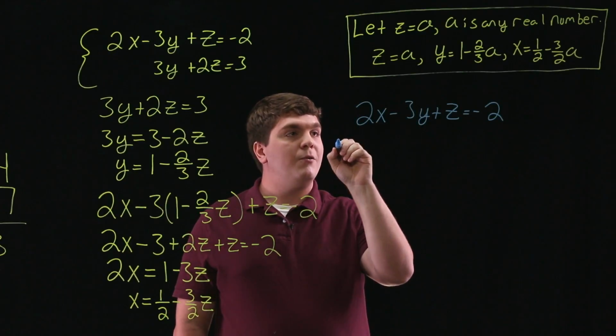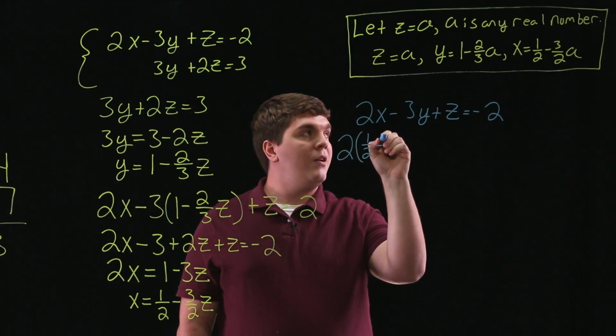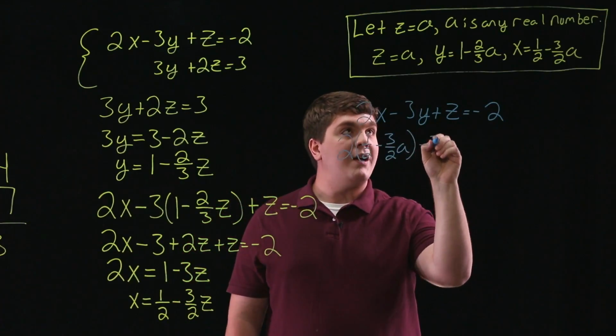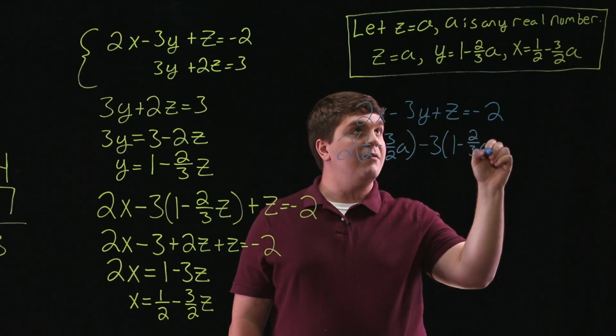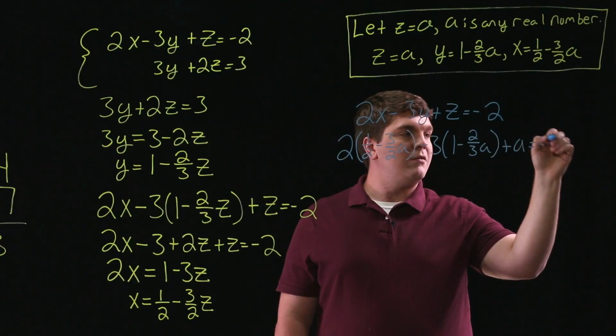So here, we want to know, is 2 times 1/2 minus 3/2 a minus 3 times 1 minus 2/3 a plus a equal to negative 2?